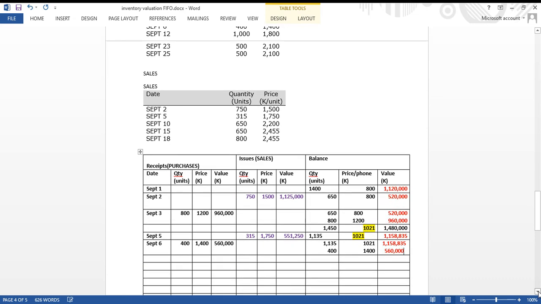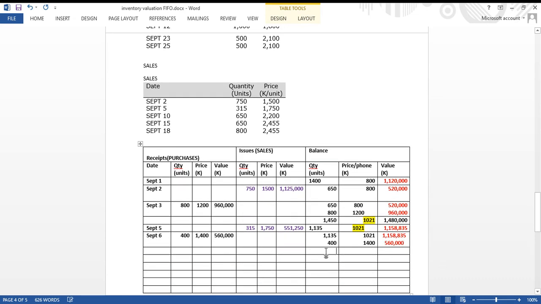And so we get our average cost. 1,135 plus 400, we get 1,535.